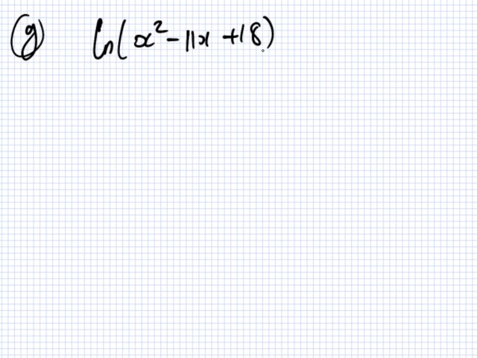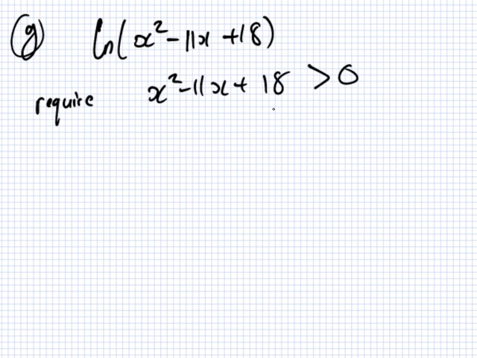When could you have a problem with log? If it's 0. That is one problem, and negative. So for the domain, we require it to be positive, and also not 0.